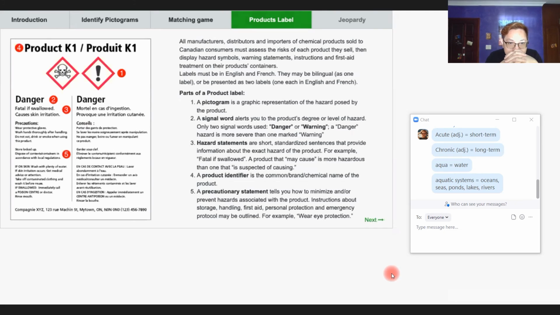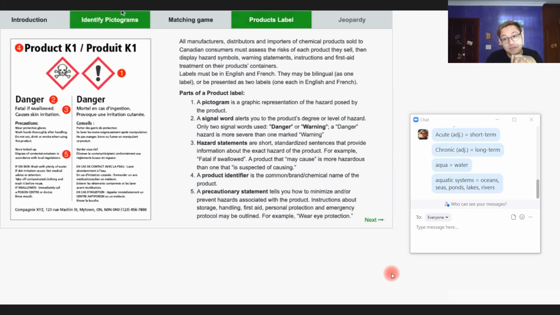Hazard statement. A short, standardized sentence that provides information about the exact hazard of the product. For example, fatal if swallowed. A product that may cause is more hazardous than one suspected of causing.